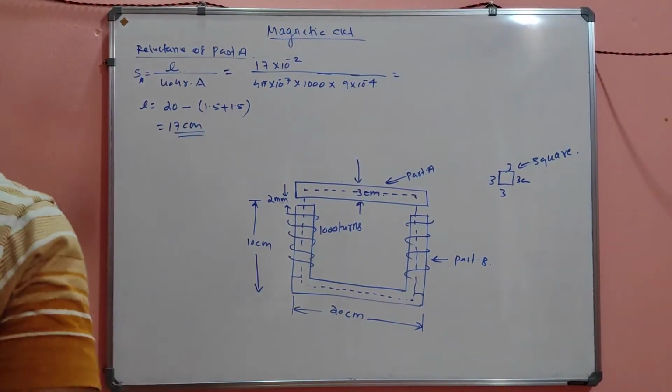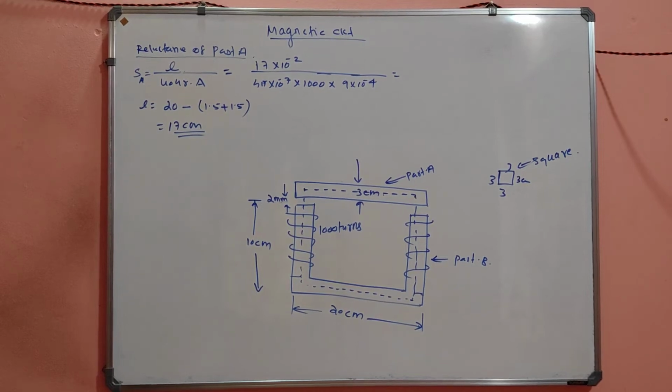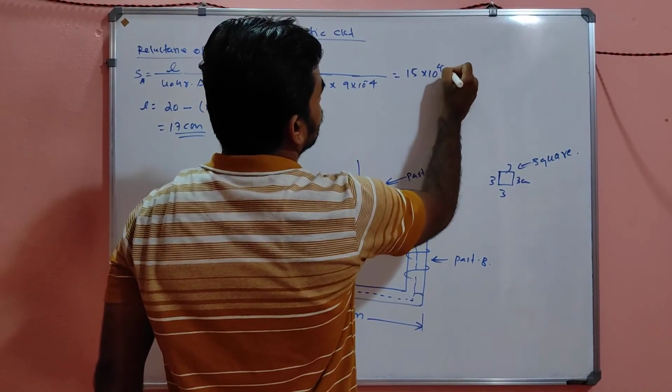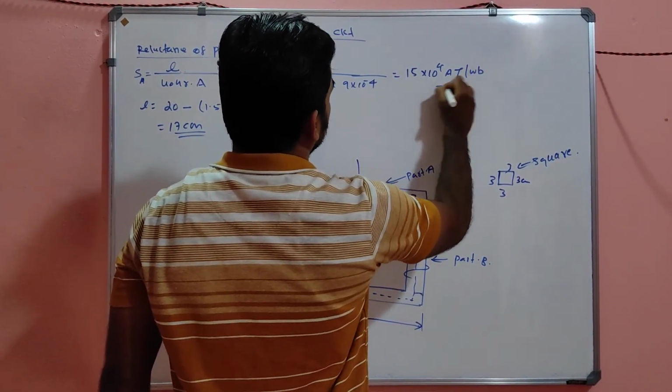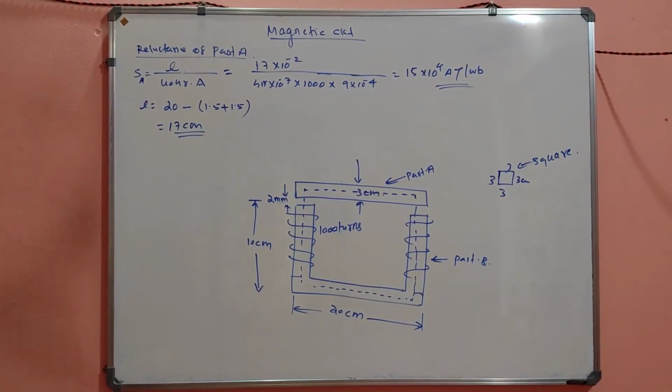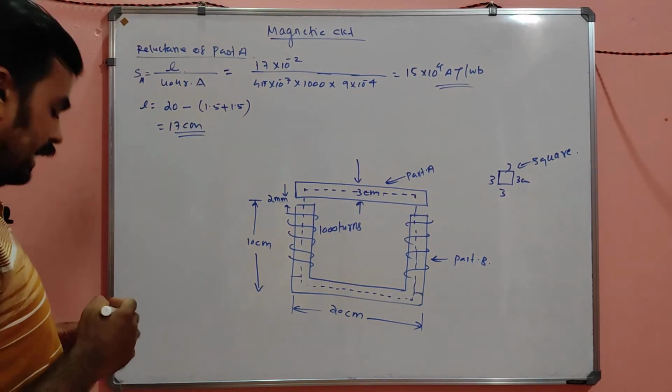Simply substitute this, and the answer is 15 into 10 raised to 4 ampere turn per Weber. Am I right? Okay, that's all about the reluctance of part A.